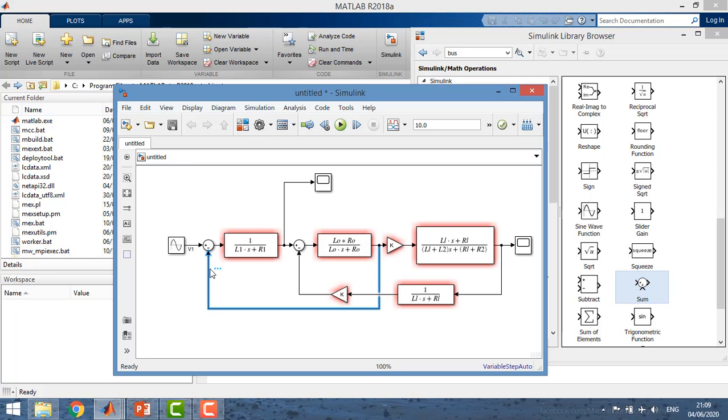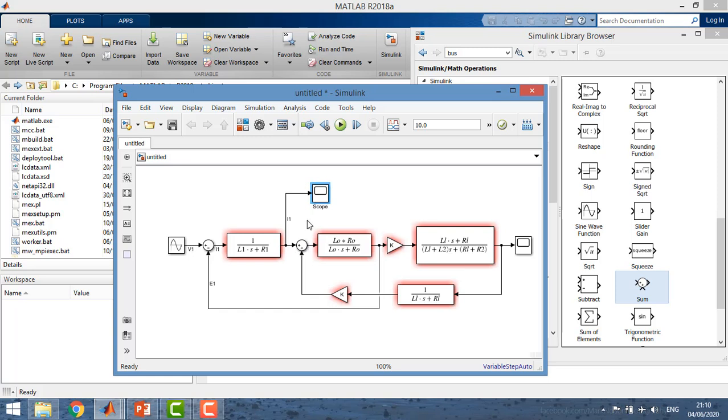When we subtract the induced electromotive force E1 from the input voltage, we would get the multiplication of the primary current by the primary impedance. When we divide that quantity by the primary impedance, the result would be the primary current.